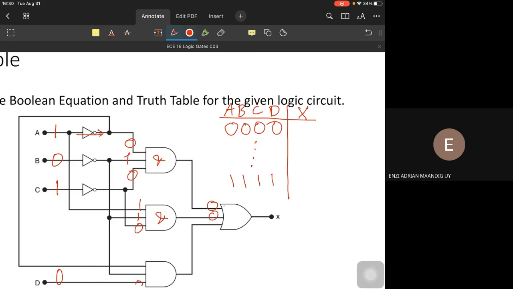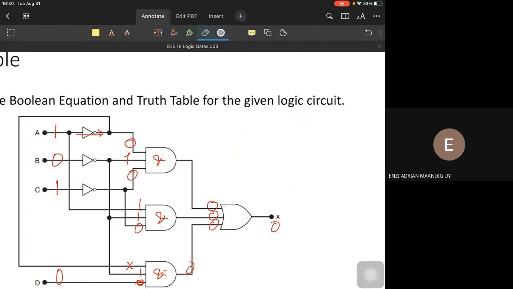So 0. Kay end gate ni siya nanay 0 gid ni, so 0 x is 0. So sa 1010 kibali 0 ang x. So yeah, there's no other way good right now for us to map the inputs and outputs for truth table, but manumano gid siya ng button.